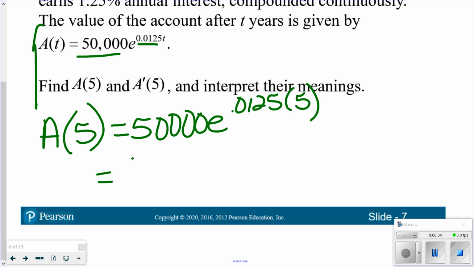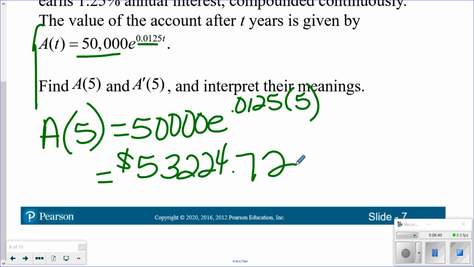And I believe what we get is $53,224.72. Am I remembering correctly? Okay. Now, this does say to interpret that meaning.